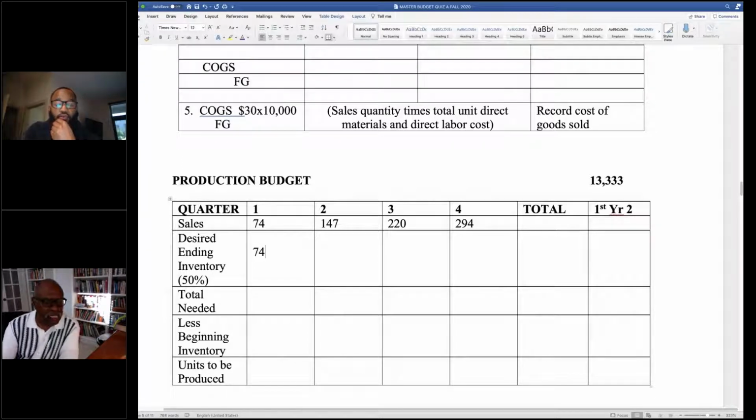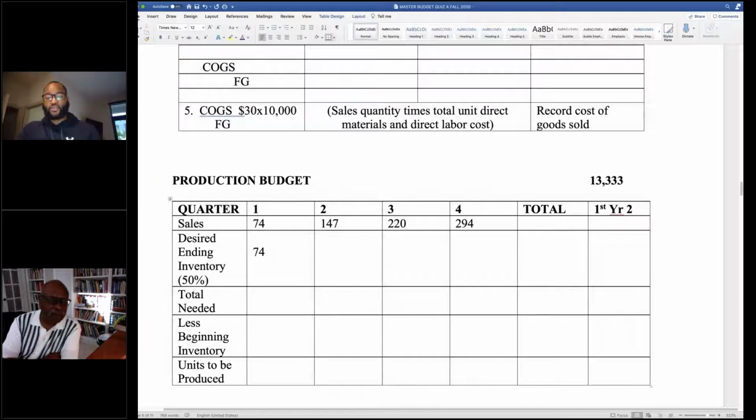The total need is how many you're making for this quarter that you're going to sell, plus how many you need for the next quarter. So it's the amount that you need for this time plus a percent of what you need for next time.